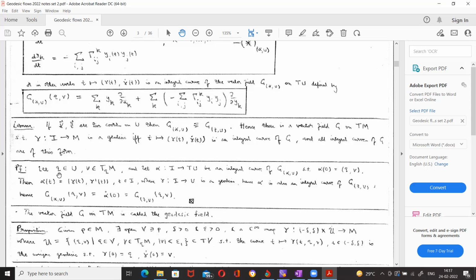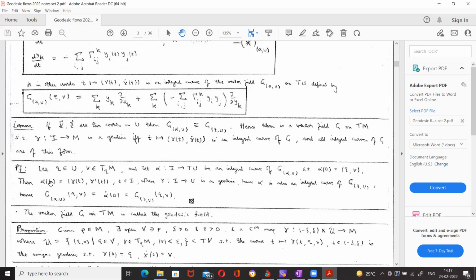Let me recall it for you. So you take a point q in U, and you take a tangent vector v in T_qM, and then you let alpha be an integral curve of G, so this is a curve in the tangent bundle whose initial value alpha(0) is (q, v).